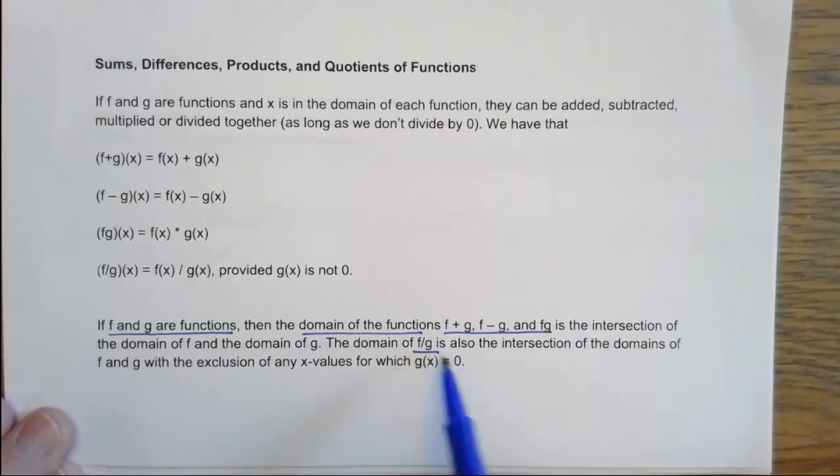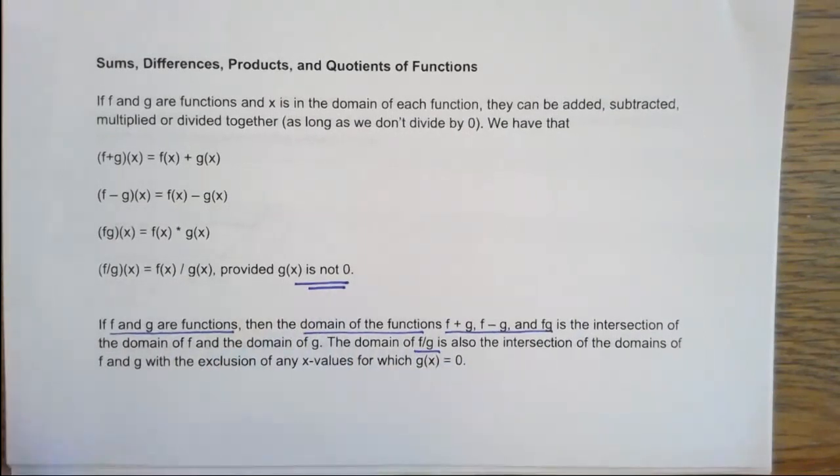The only thing is when we have division, you create an extra issue, and you need to make sure you're not having a denominator of 0. So when you're looking for the domain there, you will probably have to exclude extra values to make sure your denominator is not 0. All right, so let's look at some examples on the next page.